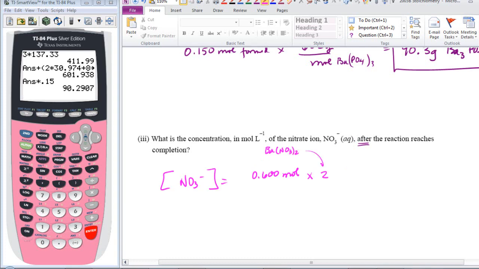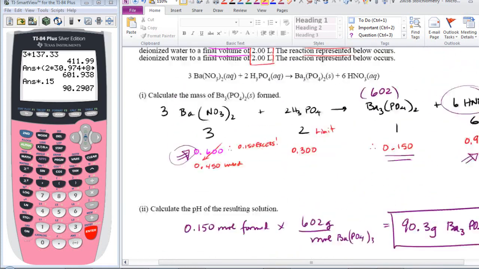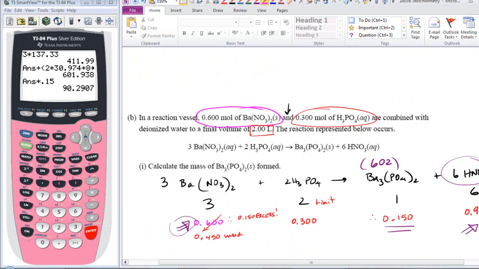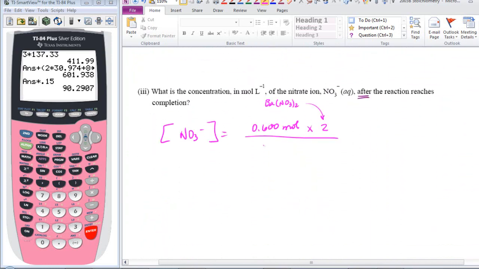So that's where that 2 is coming from, right there. So I really had 1.2 moles of it, but I had a total volume of, don't be tricked by that, I thought we had that somewhere. Oh, sorry, I went too far. 2 liters right there. 2.00 liters. Comes out in moles per liter, which is what a concentration should be.